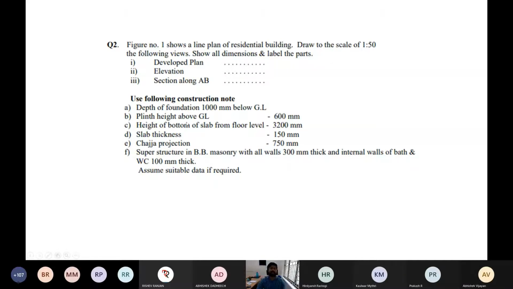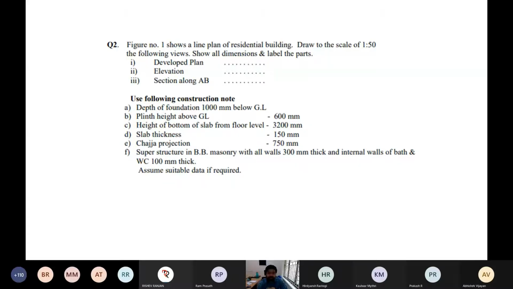What is the meaning of that? Ceiling height. Yes, that is the inner dimension actually. It is the height of that particular building from the floor level to the bottom of the slab.